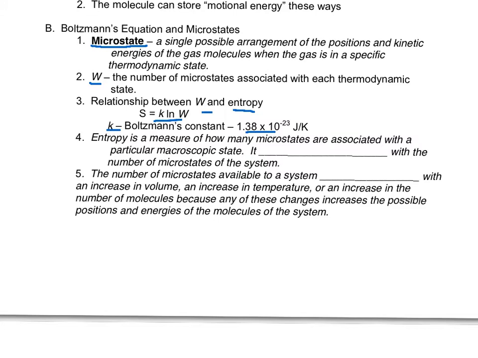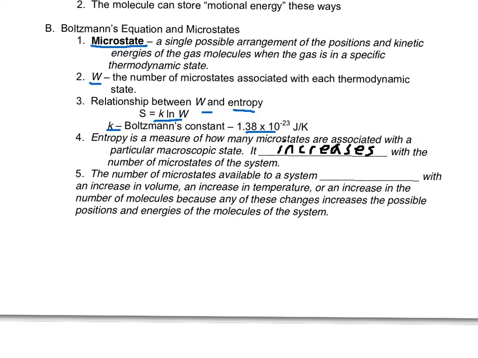Pretty much the more microstates a particle has, it means the more motion it has, then the more entropy it's going to have. And you can increase the number of microstates that are available for something by doing things like increasing its temperature. You increase its temperature, it's going to have more motion. You can also increase its volume, give it more places to go. You can also increase how many of them there are.